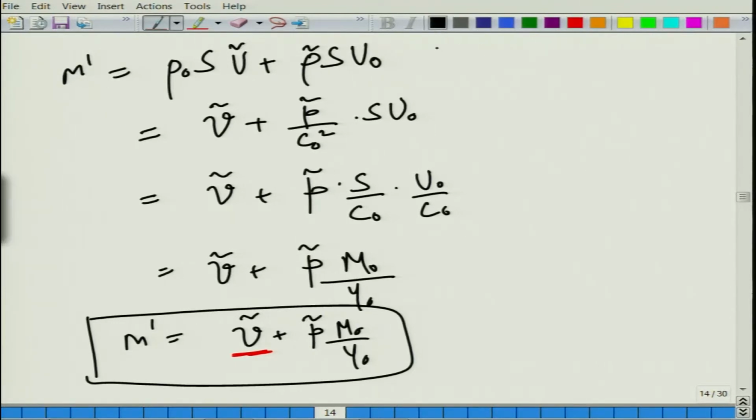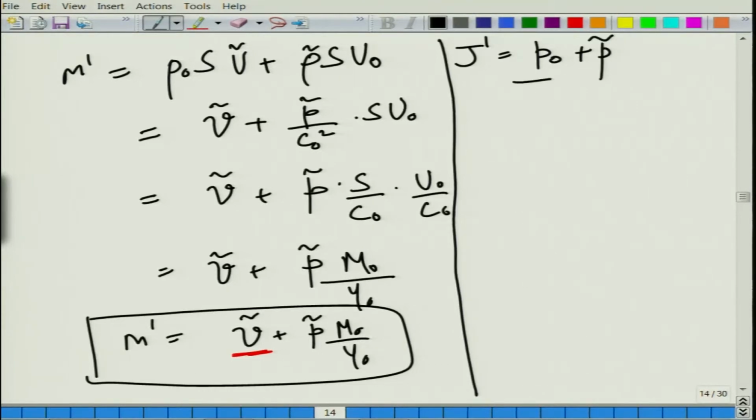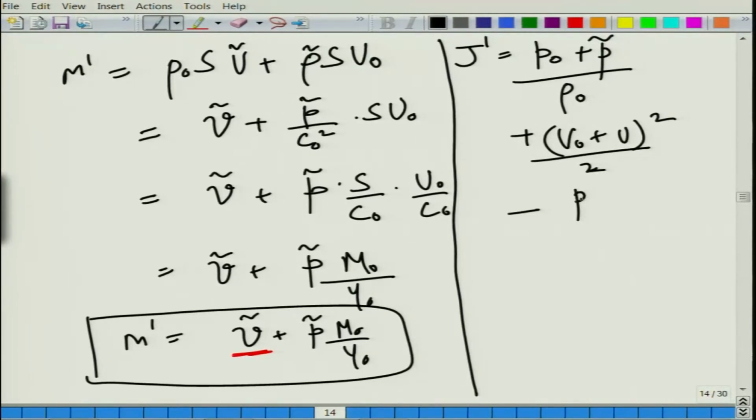Now, similarly, we can also try to do in this short space what happens to the perturbation stagnation enthalpy, that is, p naught plus p tilde by rho plus u squared by 2, which we saw only briefly in the last class, minus p naught by rho naught plus u naught square by 2.